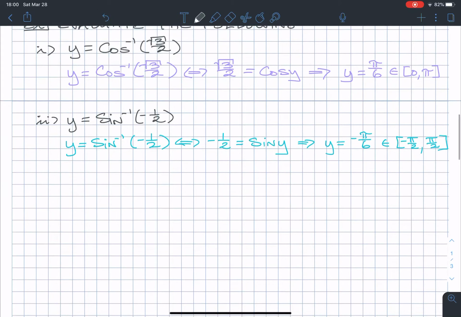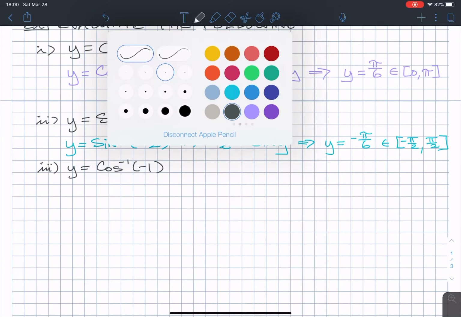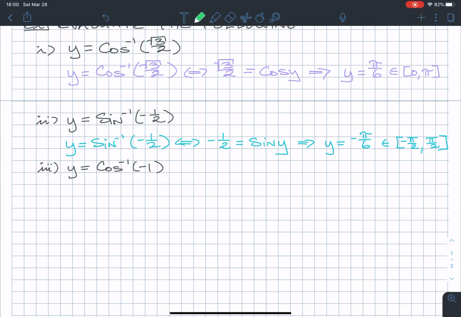Okay, so number 3. Let's say we have y is cosine inverse of negative 1. Let's do this in green. So that's equivalent to, if and only if, negative 1 is regular cosine of y.